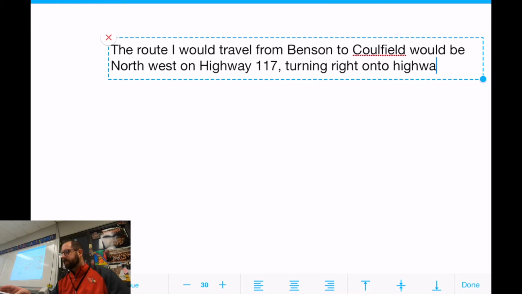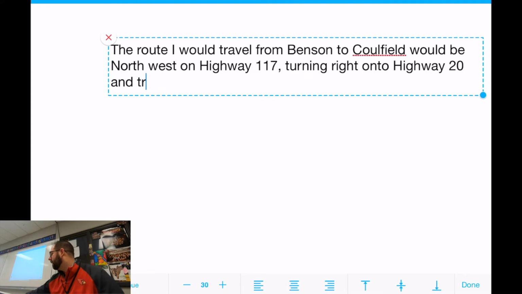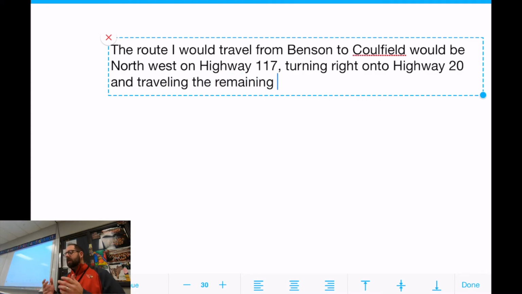Okay, but yeah, so let's go and type this out. I'm gonna go to this next one, and I'm actually gonna type so you guys can see this a little bit better. I'll switch the aspect ratio so it looks better. Okay, so the route I would travel, from what were the two towns again? Benson and Coalfield.